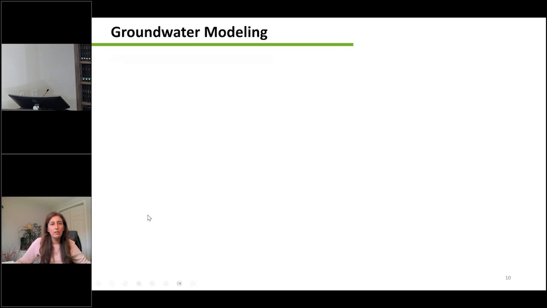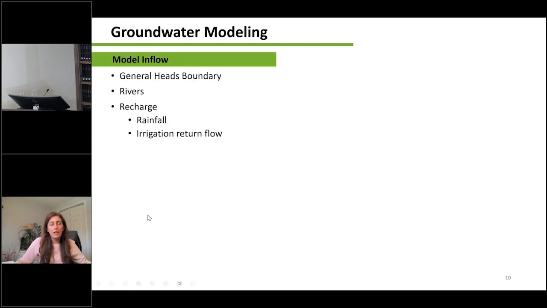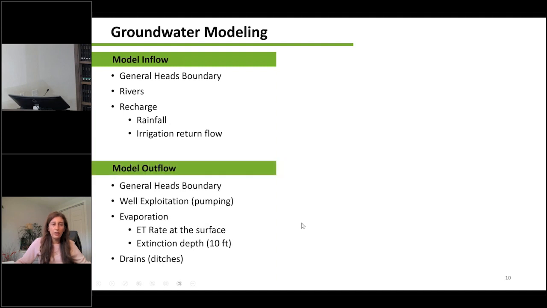When we look at the groundwater system, the model inflow is basically the water that gets into the system, such as the general head boundary we have selected in this study, such as the lakes and rivers, and the recharge including the rainfall and irrigation return flow. The model outflow is whatever flow or water getting out of the system, of the hydrogeologic unit or the aquifer system.